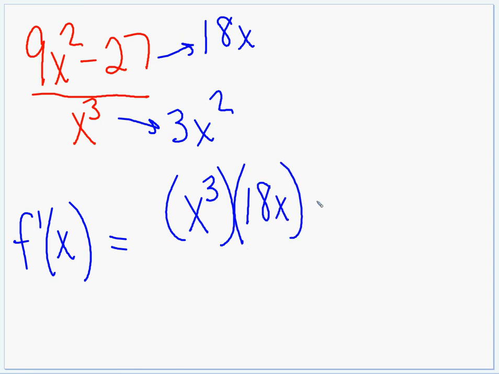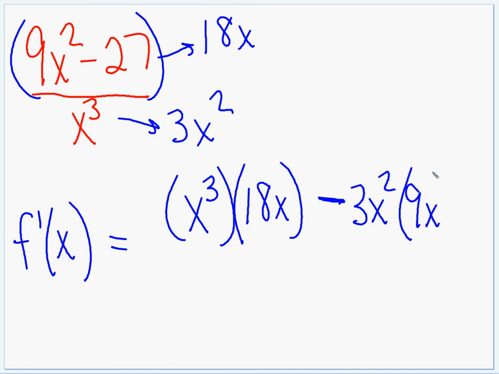So we're going to multiply on this diagonal, and since this is more than one term, I'm going to group it in a set of parentheses. So our d low is 3x squared. Our high is 9x squared minus 27. And don't forget our denominator for the quotient rule, low times low, or that'll be x cubed times itself, or x to the 6.